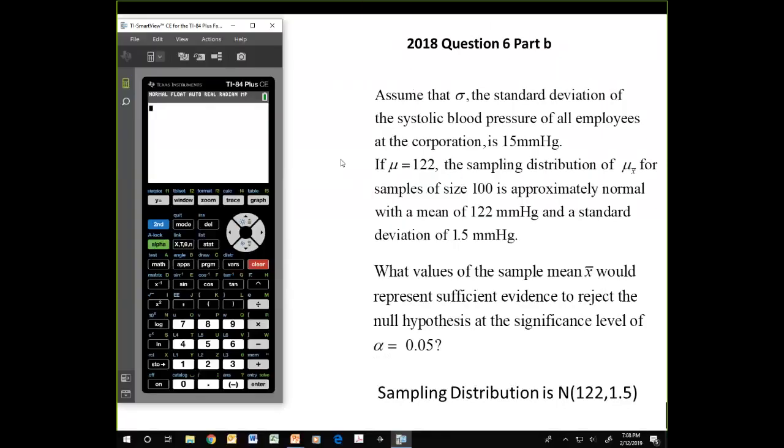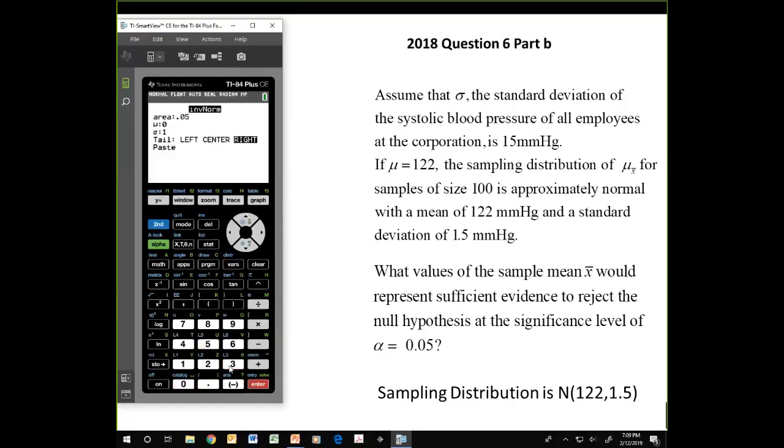Our question is to find out what value of x bar would cause us to reject the null hypothesis. So we're going to use the TI-84 and look at the distribution menu and inverse normal, which is option 3. The area that we are interested in, since alpha is 0.05, is 0.05.